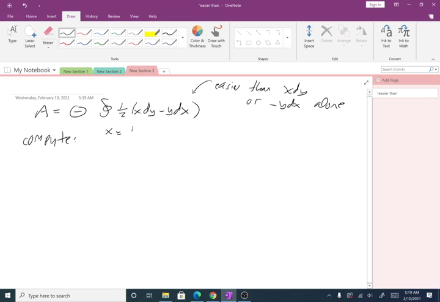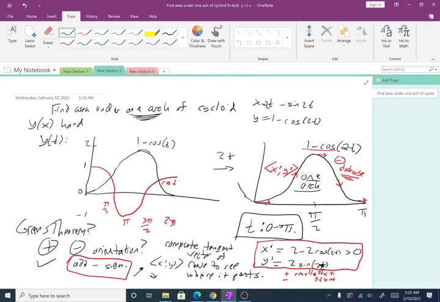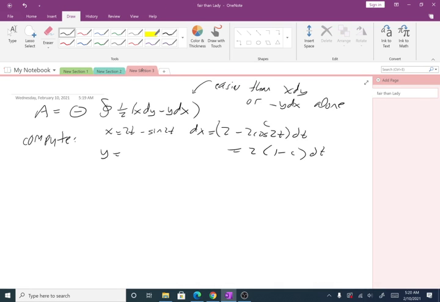Let's just recall that x is t minus sine 2t, so dx will be 2 minus 2 cosine 2t with a dt outside. I'm just going to factor that and call this c. So y will be, of course, 2 sine 2t. So dy will be 4.